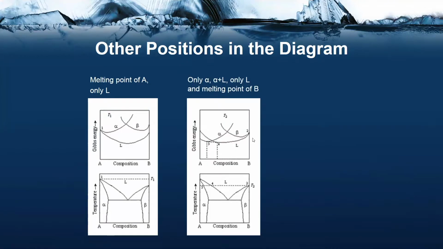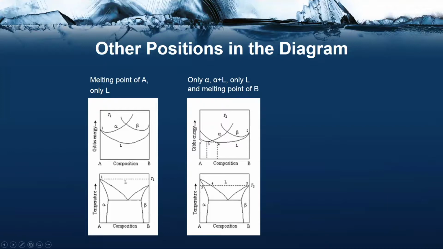The next figure has a new temperature, T2, and the isotherm is shown here in the phase diagram. So at this new temperature, the Gibbs free energy functions are quite different, and we can see that between a composition of 100% A and 3, we will have alpha as the lowest overall Gibbs free energy of the system.